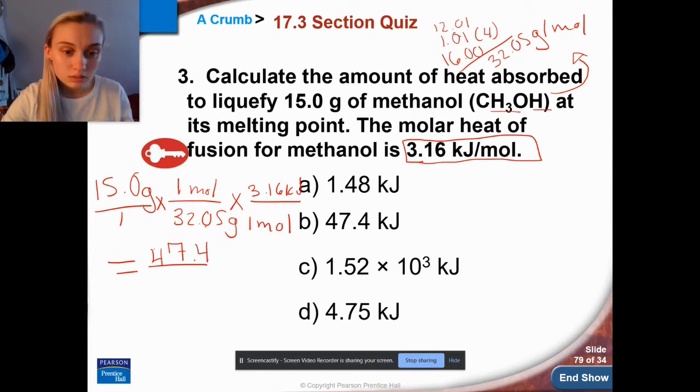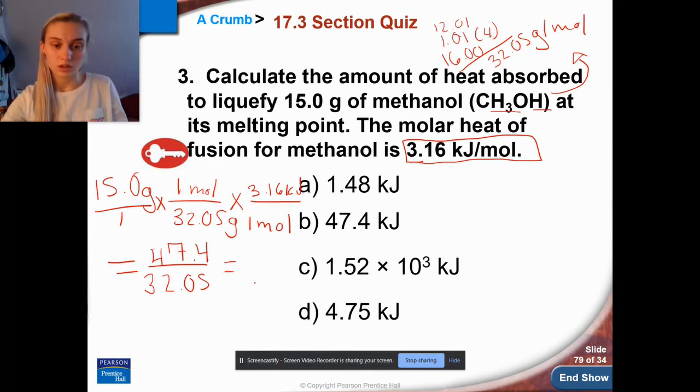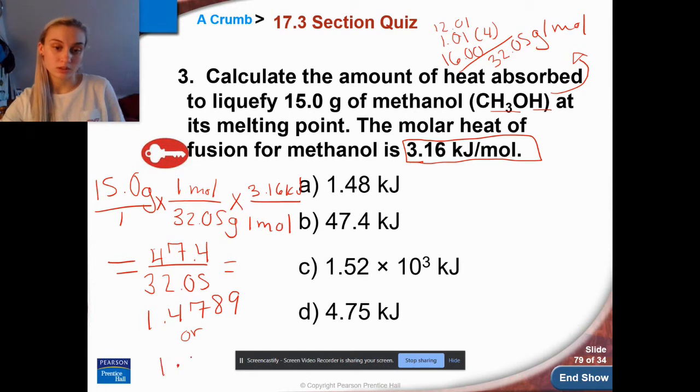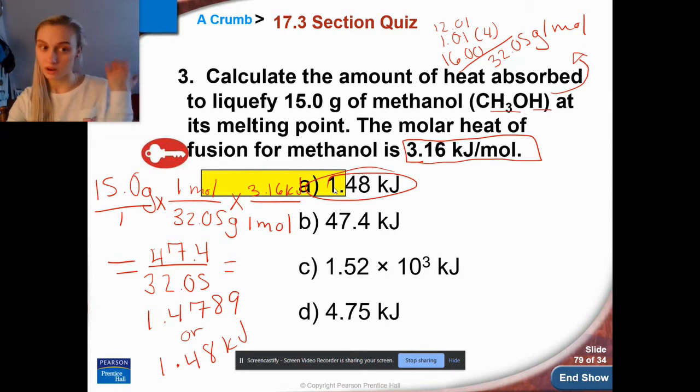And if we multiply across the bottom, it's just 1 times 32.05 times 1, which is just 32.05. We can divide those, and I get 1.4789. And so rounded, that is 1.48 kilojoules. Do I see that as an answer? I do. That's this one. Let's see if we're right. We are right. So this is good.